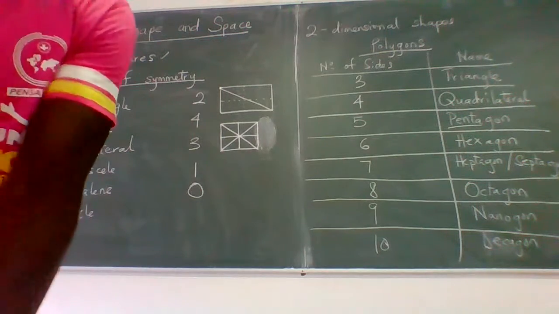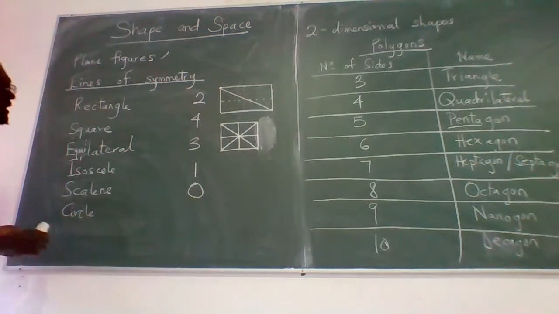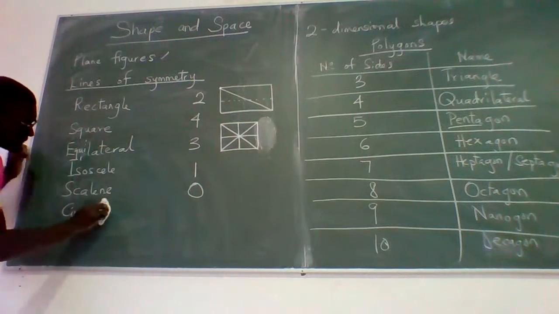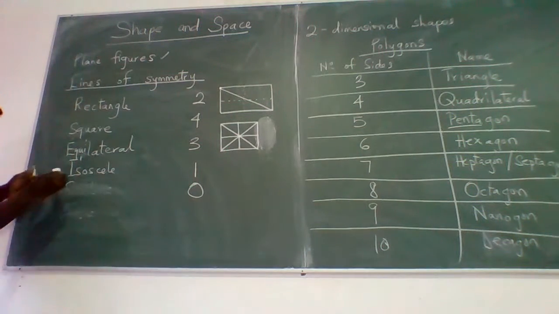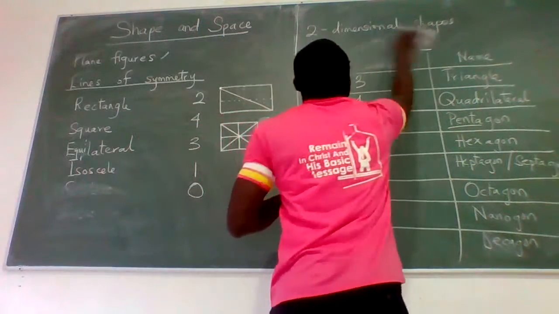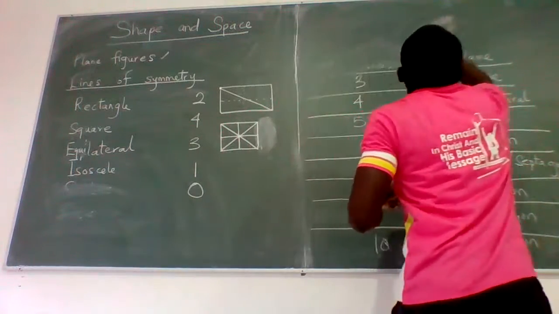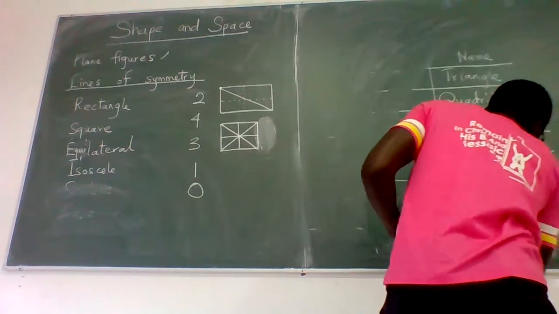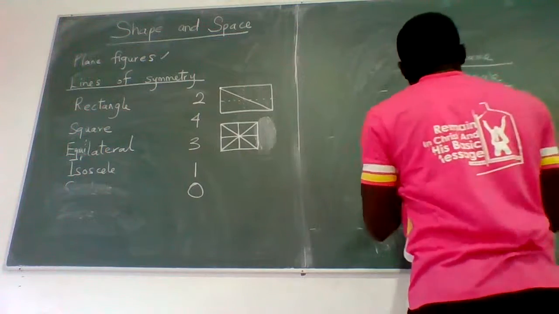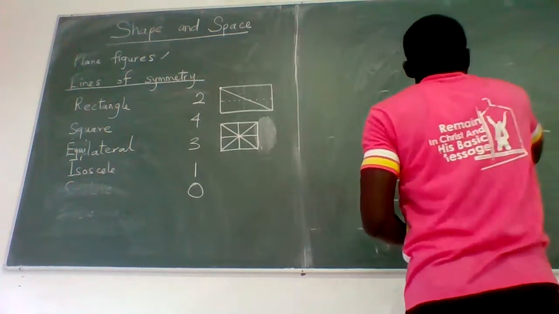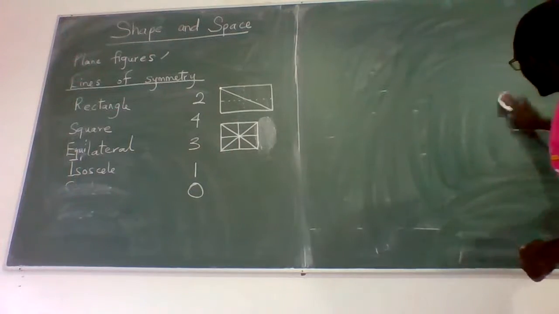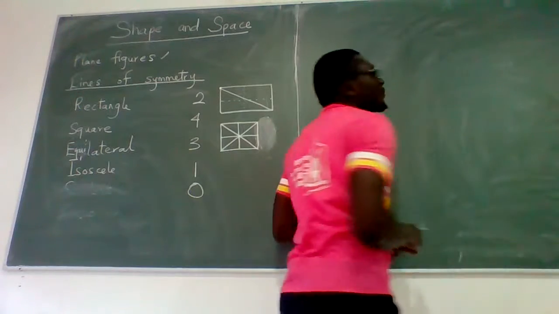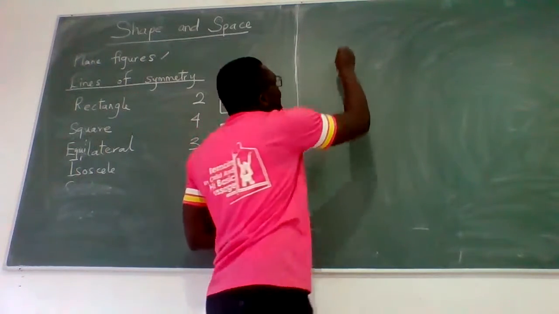So still on plane figures, we are looking at the next thing, which has to do with vertices and edges of plane figures. Okay, so let's take a simple example like the rectangle.